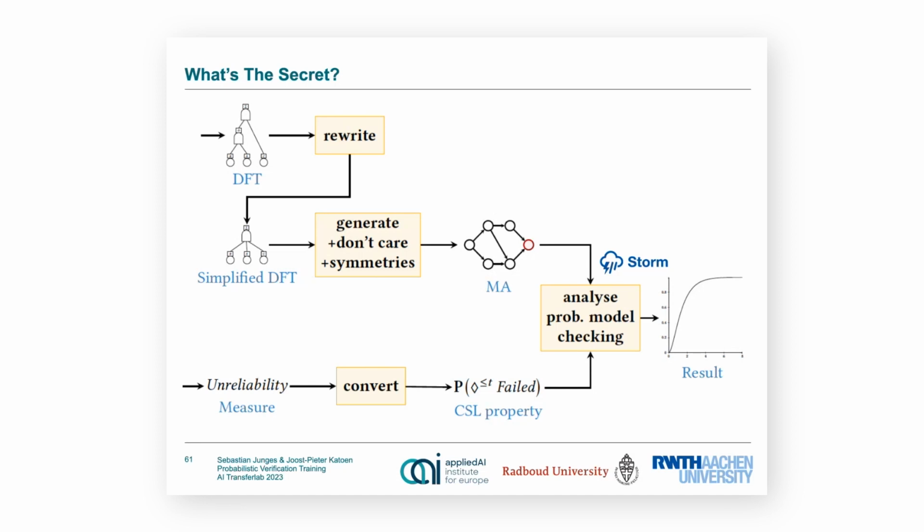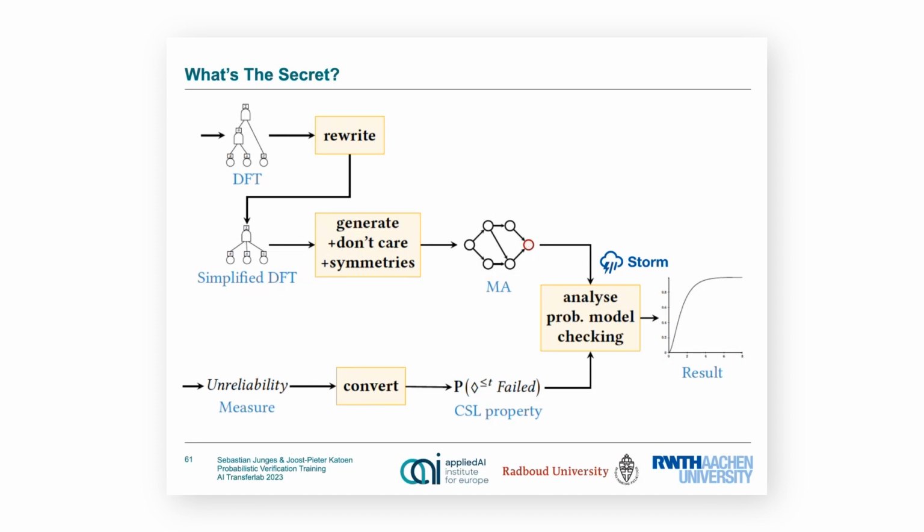Then we analyze these DFTs, so we generate them efficiently. We have very slim state space generation. We look at certain parts of the fault tree that we don't care about because they're not relevant anymore. And we do things like symmetry reductions. That gives rise to hopefully a very small model, which is indicated there with MA.